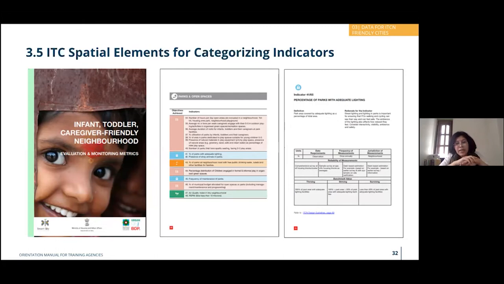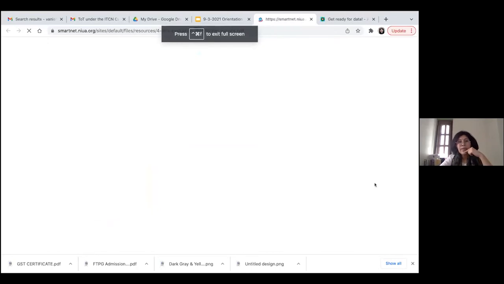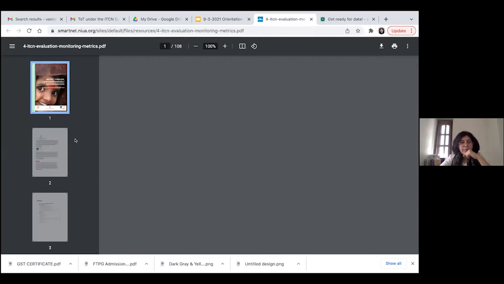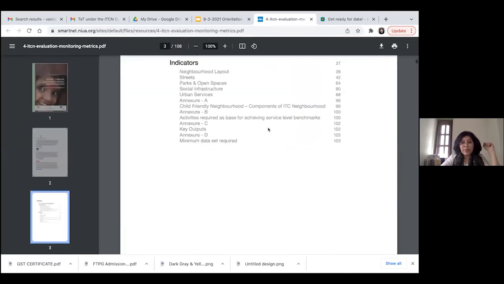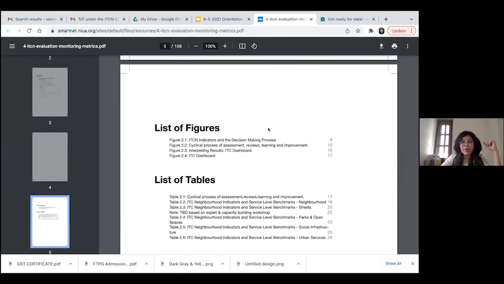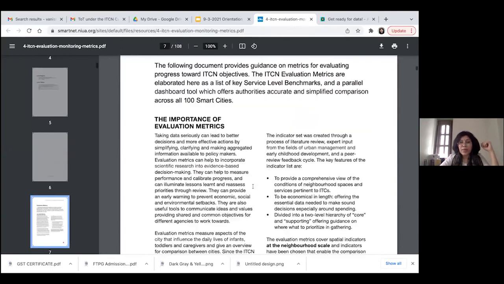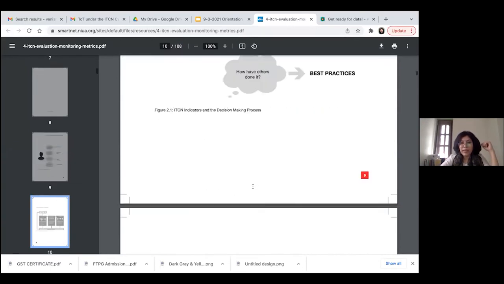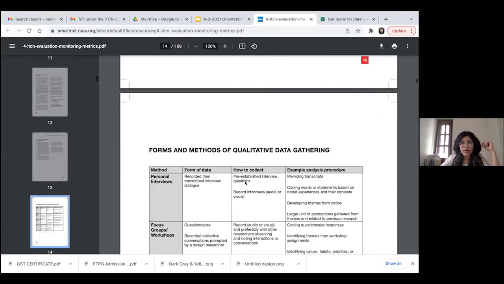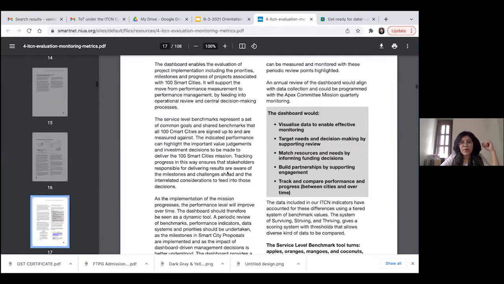For each indicator you will see if I just click on it, so this is essentially the reference book for understanding what the performance measurement framework for ITCN is. So I'll just quickly scroll down to the indicators.